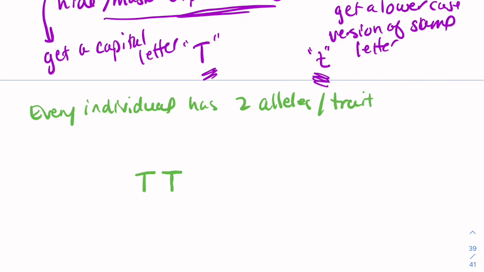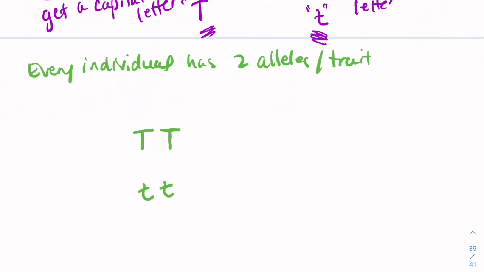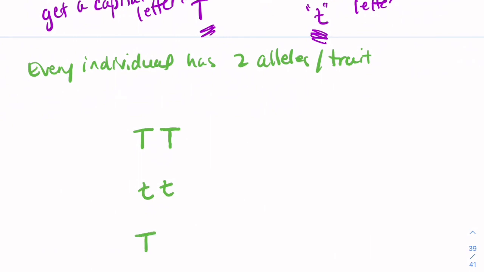Or a plant could have two recessive alleles, so two lowercase t's. Why not? Is there another option? Why, yes, there is another option, one of each. A plant could have a dominant allele and a recessive allele, so I'll write this as a capital T and a lowercase t. There we go.